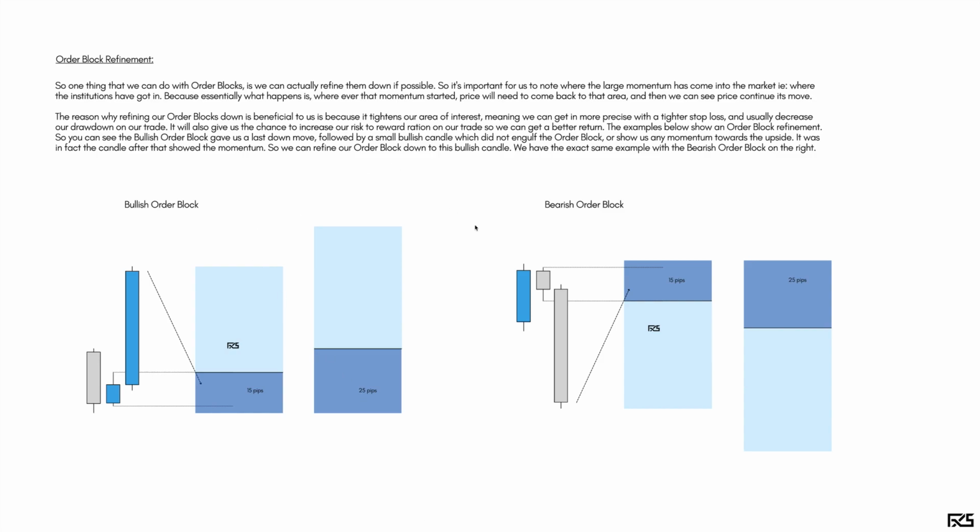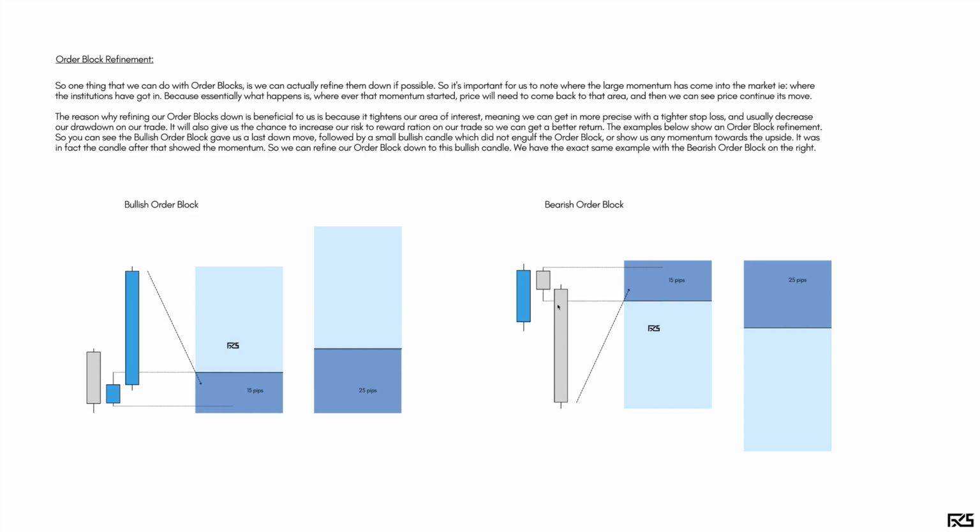so the next example is a bearish order block, which is exactly the same thing. This is our bearish order block, but the candle after did not show any momentum, or it did not engulf the order block. So we can take this as our order block and refine it down to this. This is now our order block because it's the candle before that momentum came in.